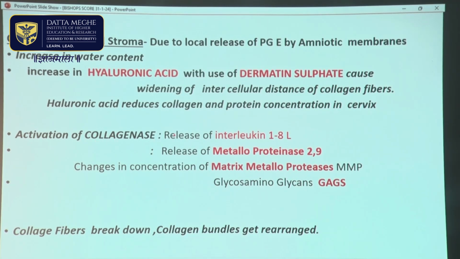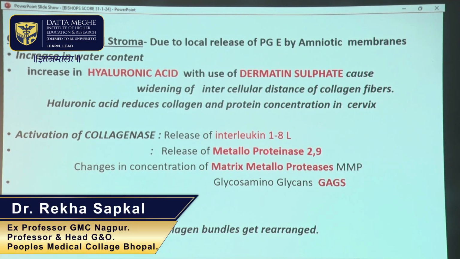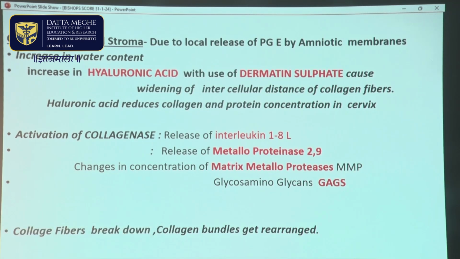This collagenase also causes a release of interleukin 8, release of metalloproteinase 2 and 9, and there are changes in the MMP. It means matrix metalloproteases, these are the enzymes, and release of GAGs, I mean glycosaminoglycans.